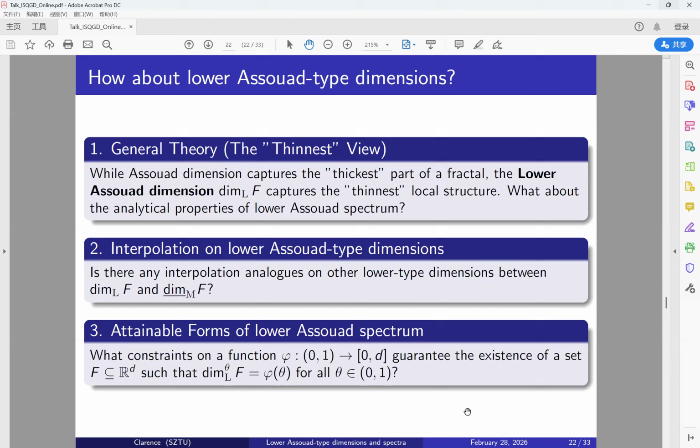The third one is, can we say something on the classification or attainable forms of the lower Assouad spectrum? Just to say, what types of functions guarantee the existence of a set such that the lower spectrum will be phi of theta for all thetas ranging from 0 to 1.